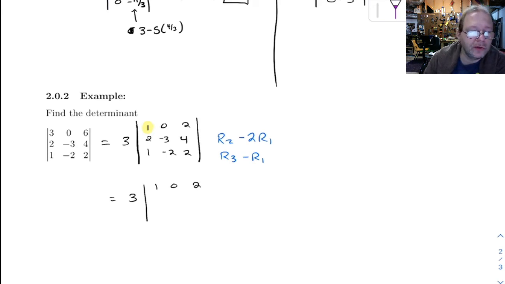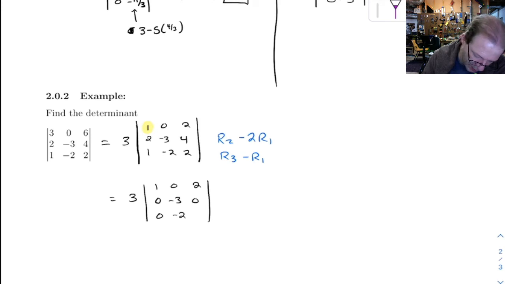Row 2, we do 2 minus 2, negative 3 minus 0, and then 4 minus 4. Then for the last row, we're going to do 1 minus 1, negative 2 minus 0, and then 2 minus 2. So we get a 0 there. All right.